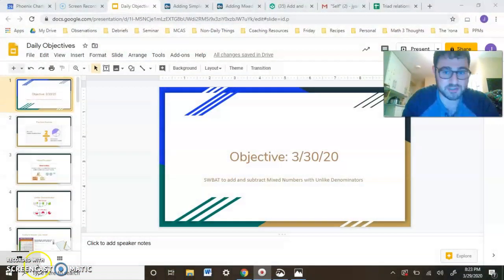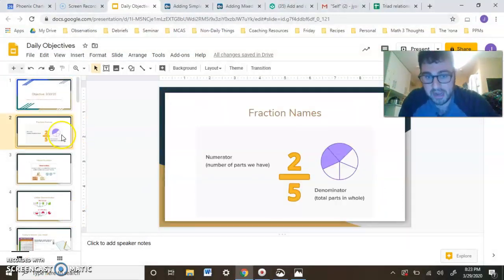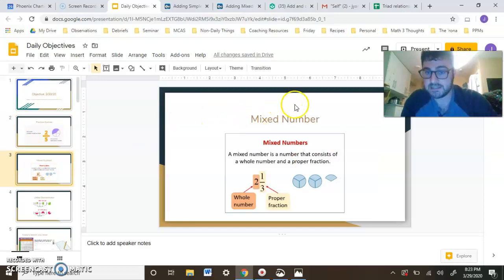Okay, back to it. So, our objective is to be doing that. Quick vocab review. Fractions, numerator, denominator. Denominator represents the total parts. Numerator represents these shaded in parts. Mixed number, what we're working with today. It's a whole number and a fraction.